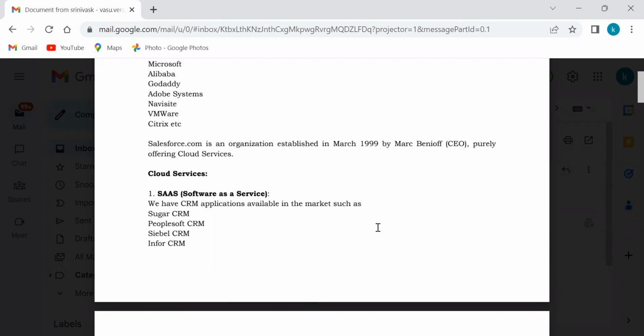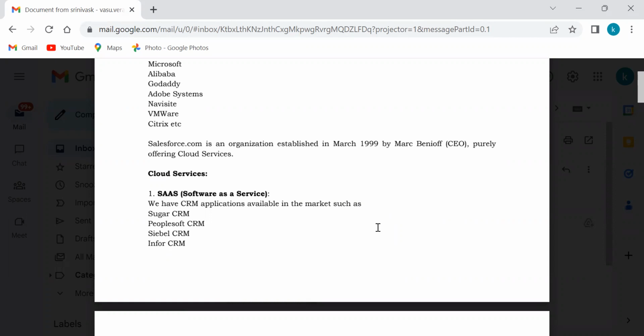That ready-made application is called Salesforce CRM. As part of this first service, in short called SaaS, Salesforce is providing a ready-made CRM application called the Salesforce CRM application.